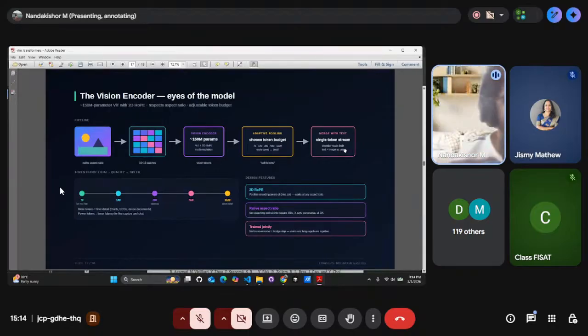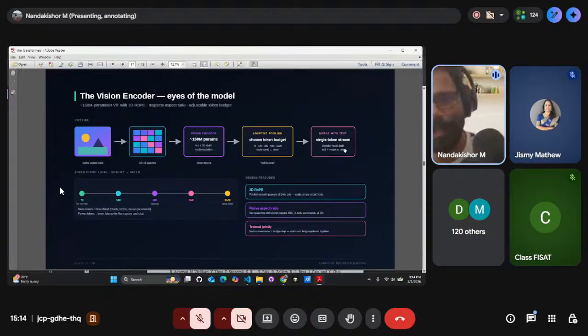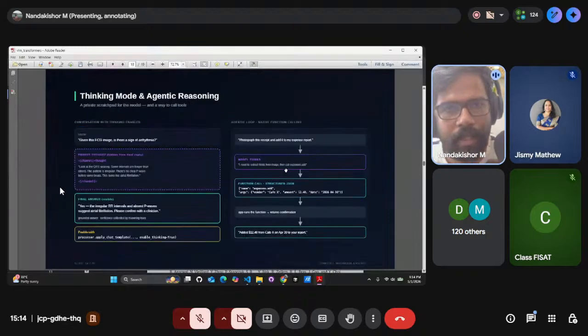The Gemma 3 variant doesn't have that. You just stream it. So this is the idea about the vision and the vision encoder part: patches, vision tokens, then the soft tokens and ideas like that.